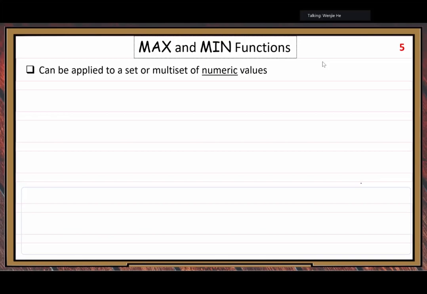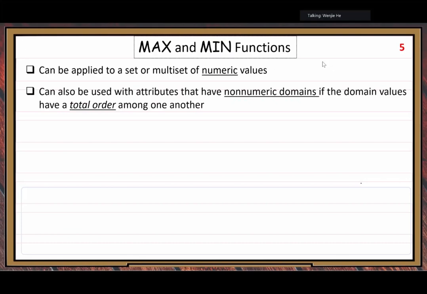But for non-numeric values, we have an order definition, right? Based on the order definition, what is the maximum value? What is the minimum value? For strings, we can apply the max function and find the string with the maximum value.